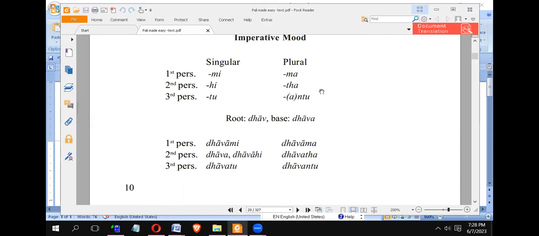The next one is Hawanta. Dawahi is long A. The next one. Dawata is a short A. The lower one.